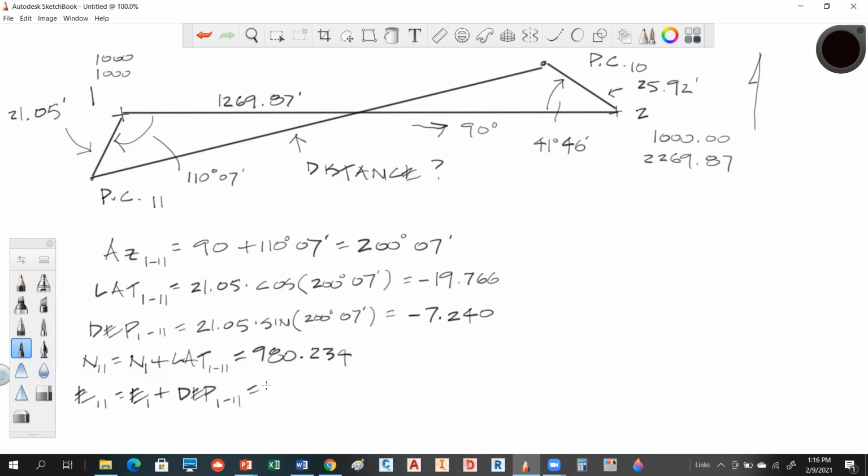So again, we're just subtracting the 7.24 from that. So we get 992.760.